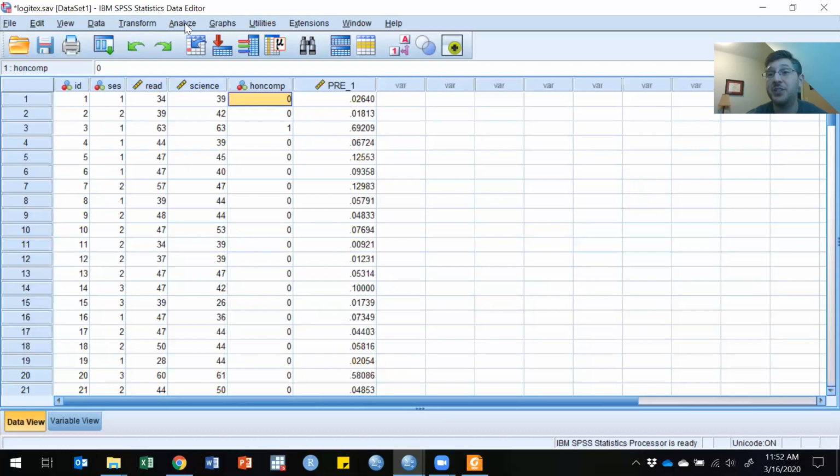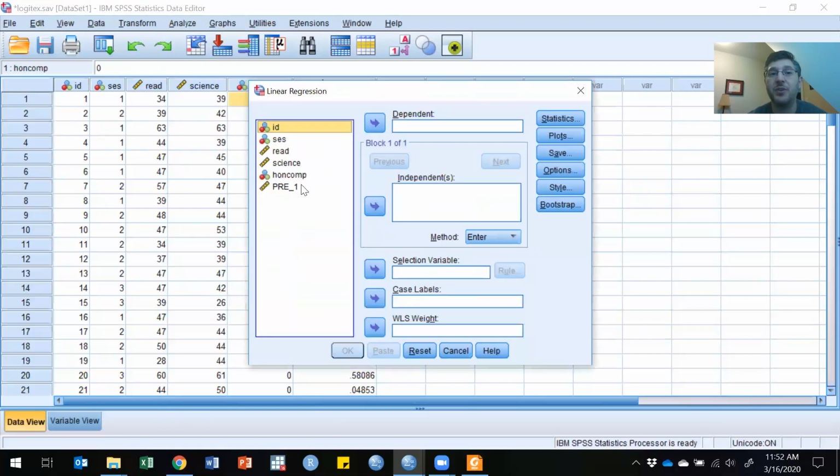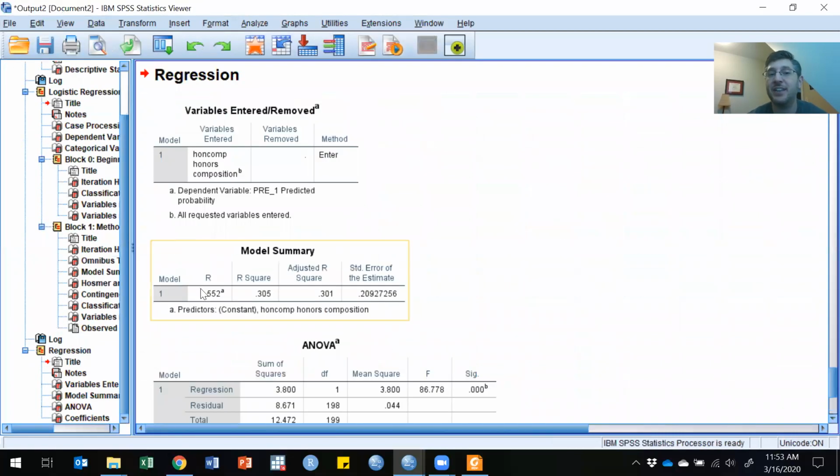You could either run a correlation between them and just square that term yourself, or I'm just going to run it as a regression model, putting the predicted scores as the dependent and the actual scores as the independent variable, and then looking at the R squared of that model. So that's just another indication of the proportion of variance explained, and just another pseudo R squared value that you can interpret in your model as well.